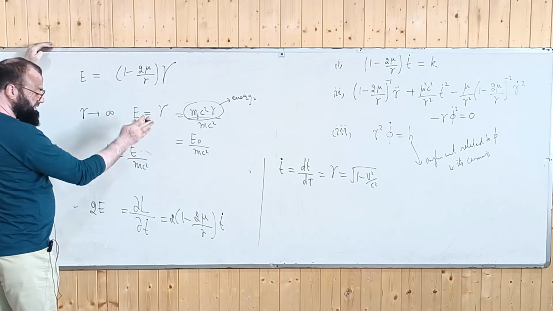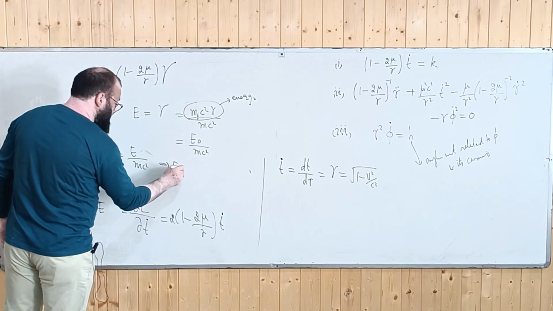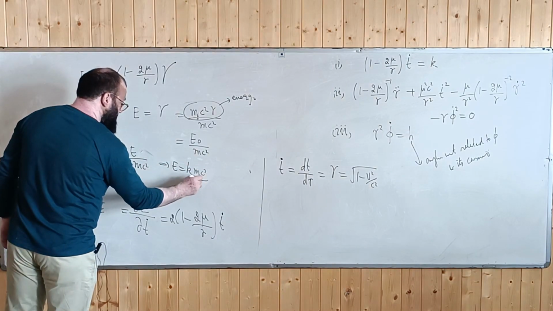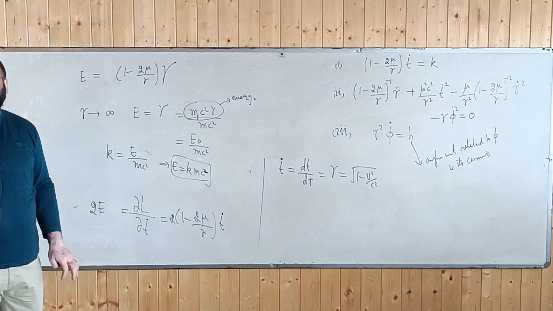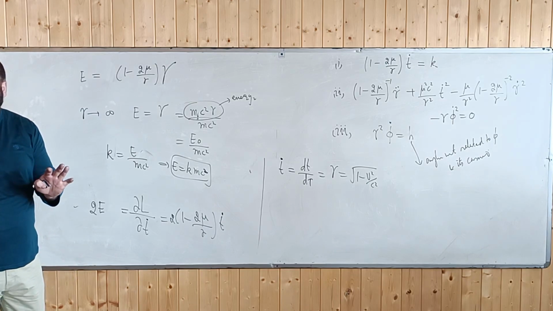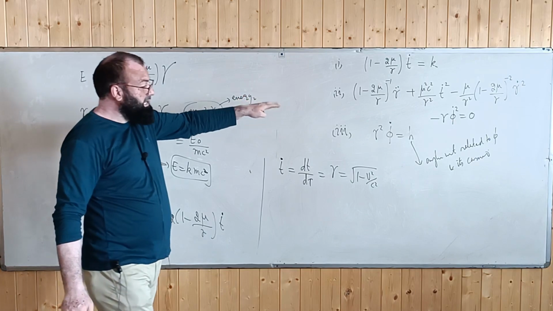Let's forget about this E naught and call it simply E. So our energy is equal to k mc square. So this is the interpretation of our constants k and h.